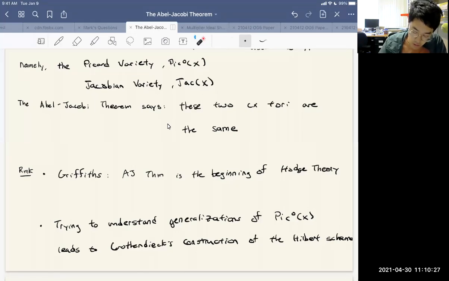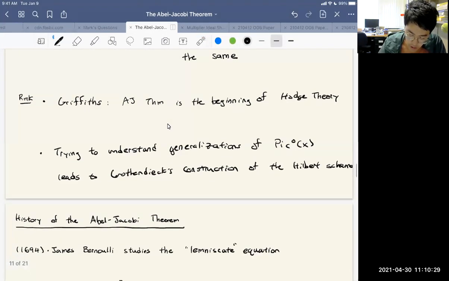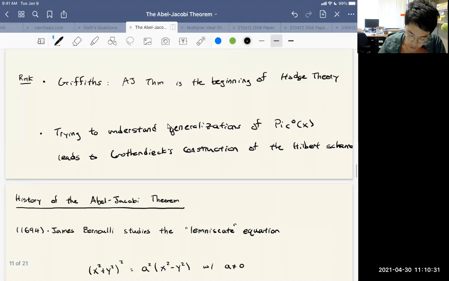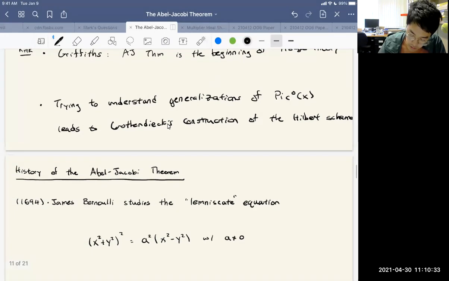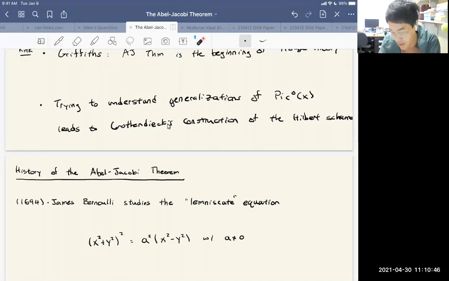Okay, with that out of the way, I want to begin talking about some of the history of the theorem. We start in 1694, and James Bernoulli is studying the lemniscate equation. I can't pronounce it, but the equation is given right here: (x squared plus y squared) squared is equal to a squared times (x squared minus y squared).